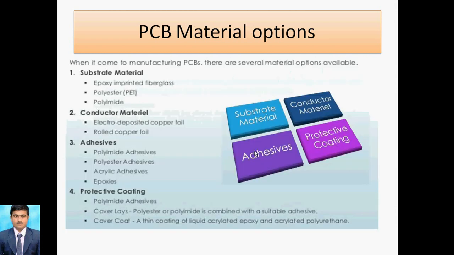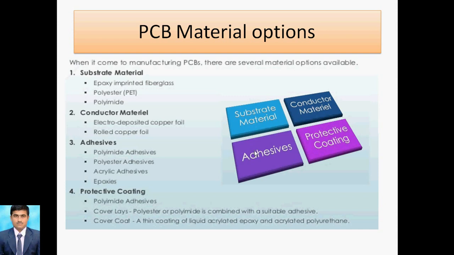Now we will discuss the PCB material options. When it comes to the manufacturing parts, there are several material options available. First is the substrate material, then conductor materials, adhesive, and protective coatings.